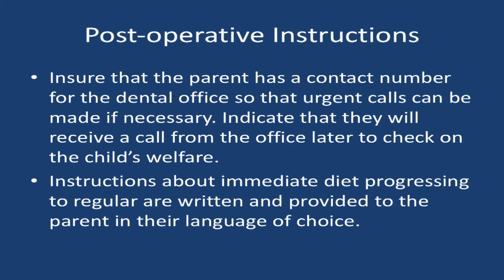Instructions about immediate diet progressing to regular are written and provided to the parent in their language of choice. You need to have a signature on this because we want to ensure there is documentation that you have discussed the immediate diet with the parent, and your initials want to be close by too, because it says that you're the one that talked to them about the postoperative instructions.